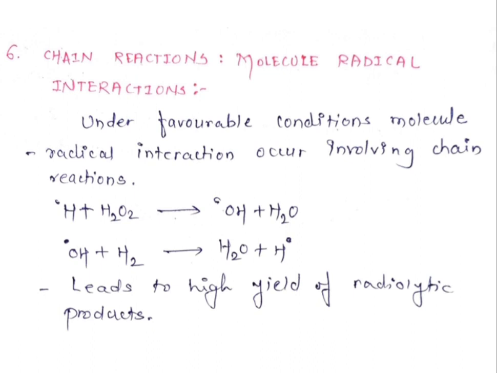Then H2 will undergo homolytic fission, that is H radical and H radical, so there are two H radicals. One H radical will recombine with the OH radical and there is a formation of water, and the other H radical will remain as it is. So here a chain reaction is generated and it leads to a high yield of the radiolytic products.